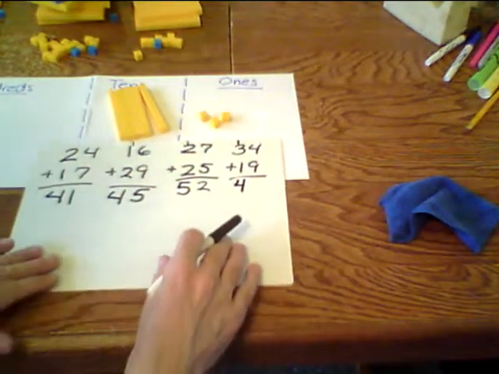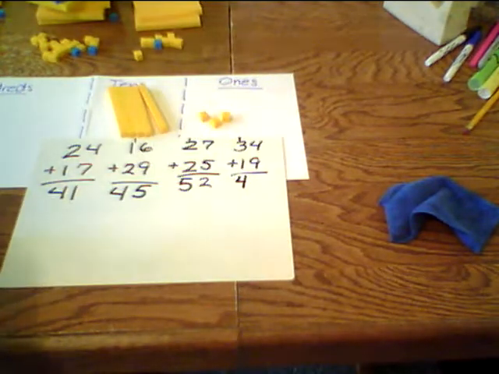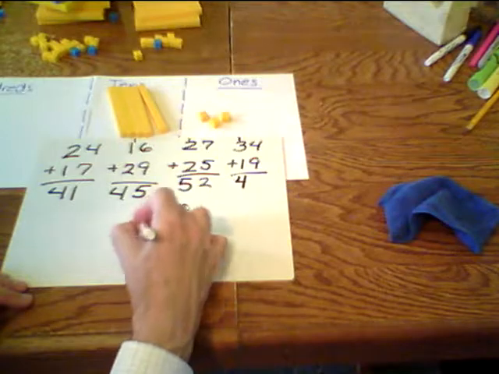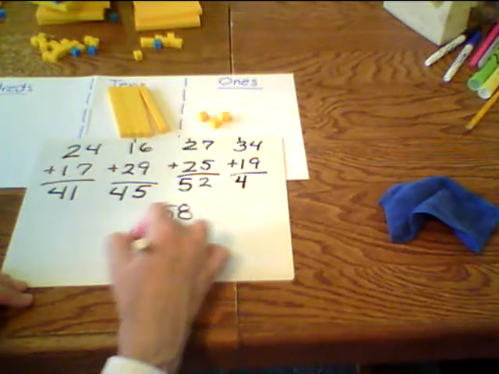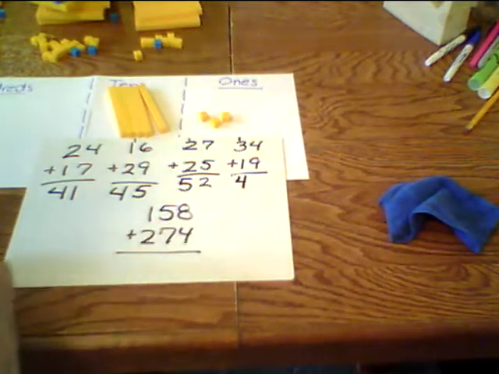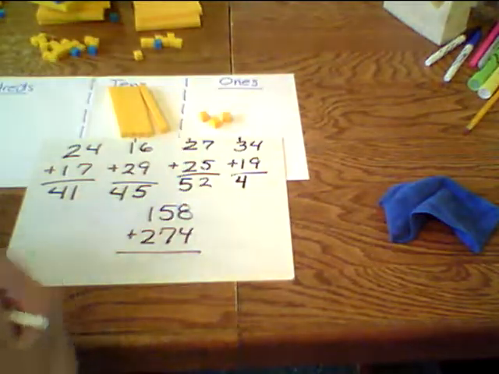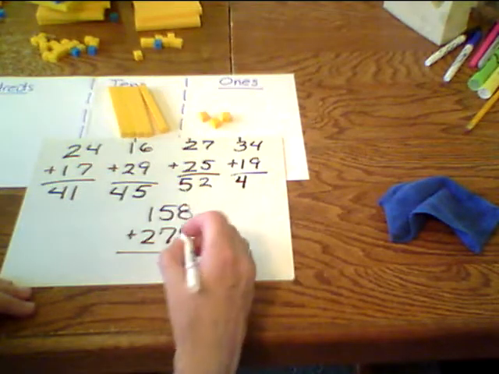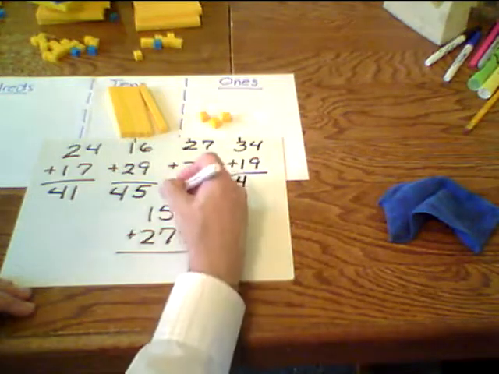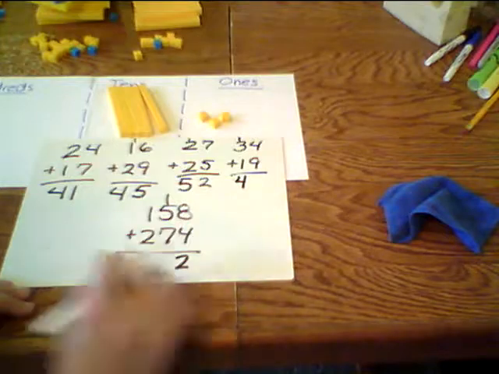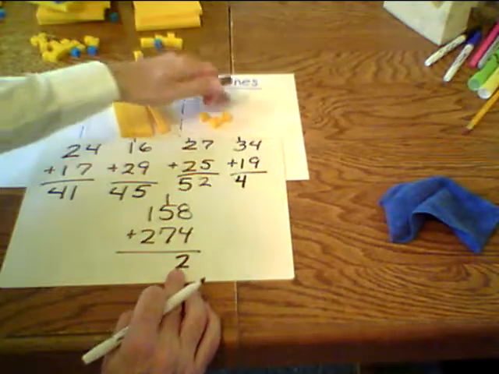And again, you can do this with 3 digits, you know, with regrouping, like 158 plus 274. Again, I would represent it with the base 10 blocks and let them do it step by step. 8 cubes and 4 cubes is 12 cubes, which means I can make a trade and I'm left with 2 cubes. Okay, so I'm left with 2 1s, which is what I would see up here.